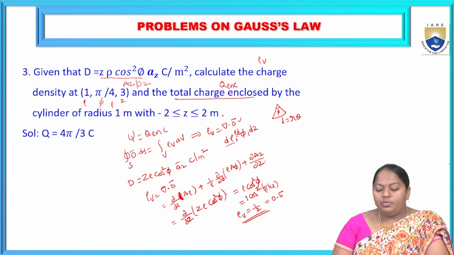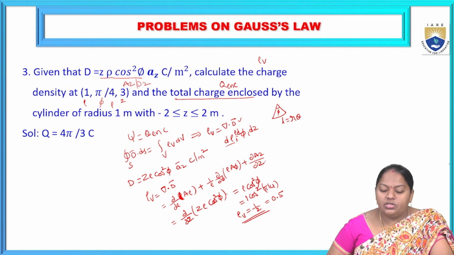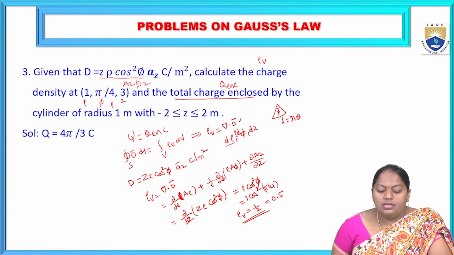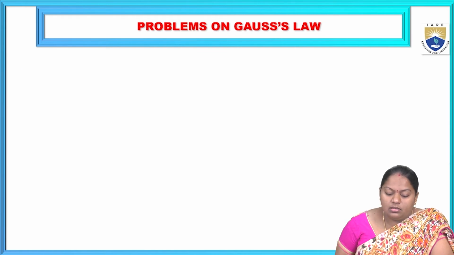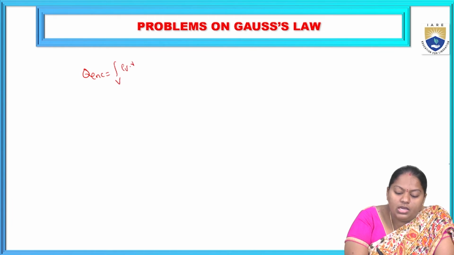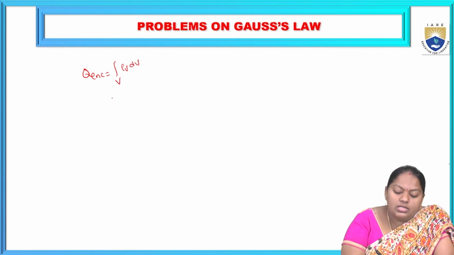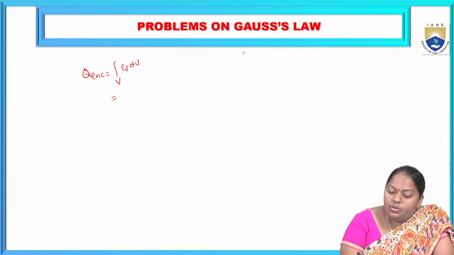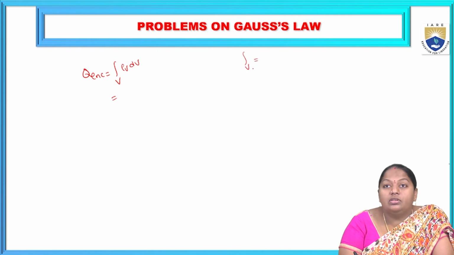Okay. Now from this rho v, we are going to evaluate the charge enclosed by the cylinder of radius 1. The formula here is Q enclosed equal to the integral over v of rho v dv, right? So we are writing the integration for three variables.